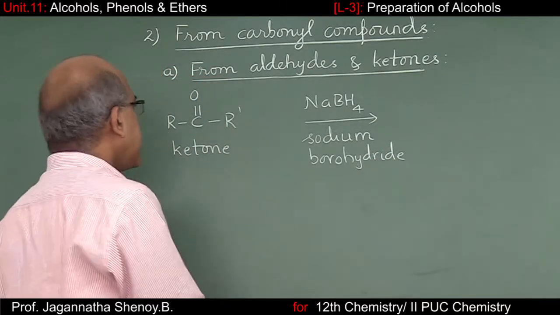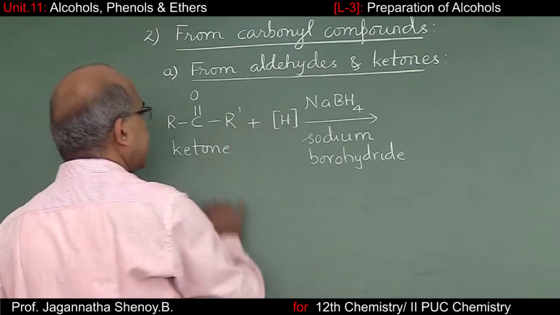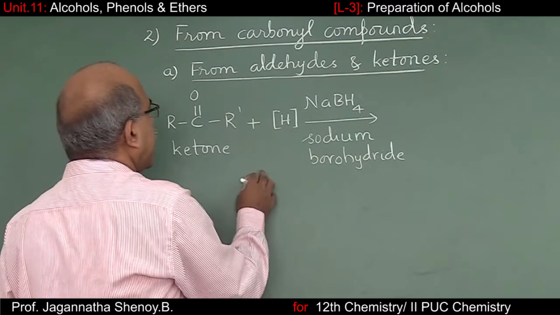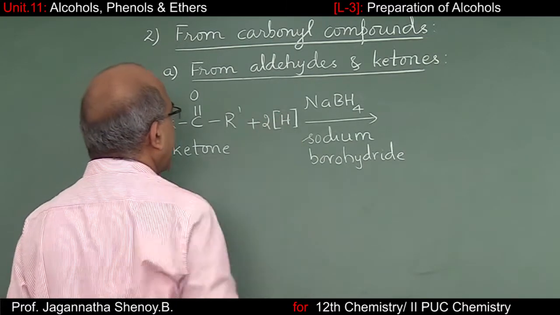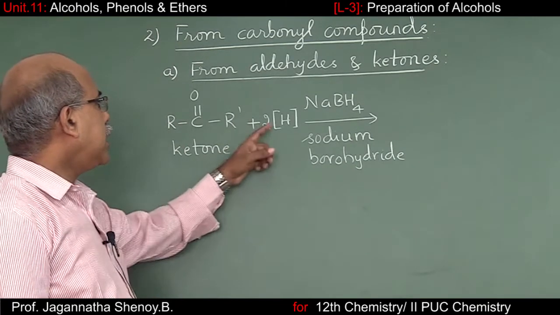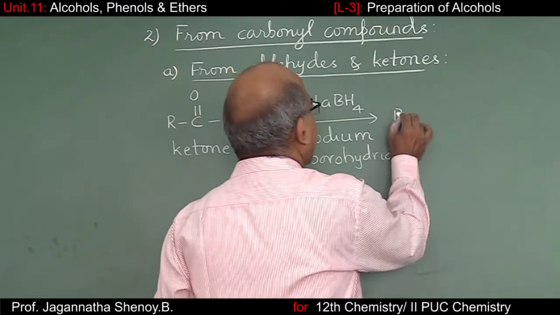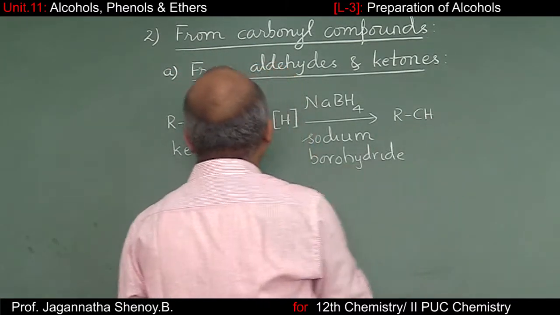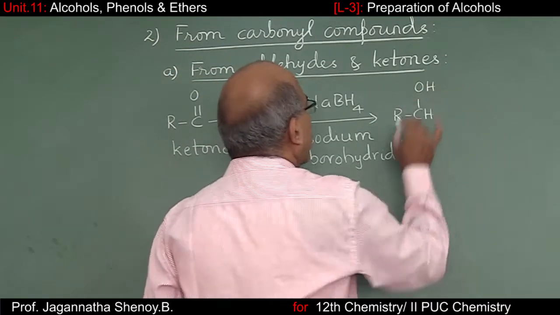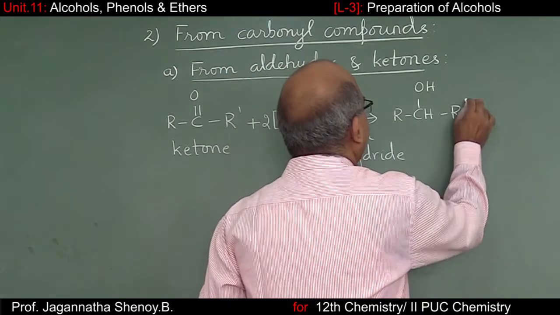This provides nascent hydrogen. So how many nascent hydrogen does it produce? Let's say I consider 2 nascent hydrogen. Again, it is an addition reaction across the carbon-oxygen double bond. I can represent it like this now. One hydrogen goes to the carbonyl carbon, another hydrogen goes to the carbonyl oxygen, and then we have the R' group.